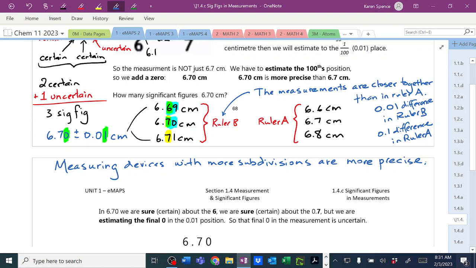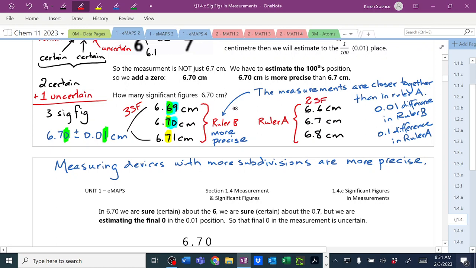Second thing I want you to note is that ruler B, remember ruler B was more precise, and each of those measurements has 3 sig figs. Okay, 6.69, 6.70, 6.71, those are all 3 significant figures. Whereas in ruler A, we only have 2 sig figs.